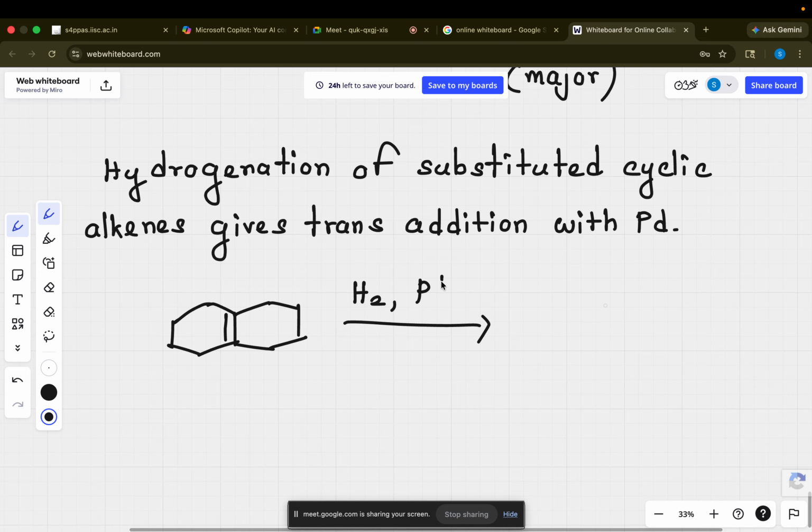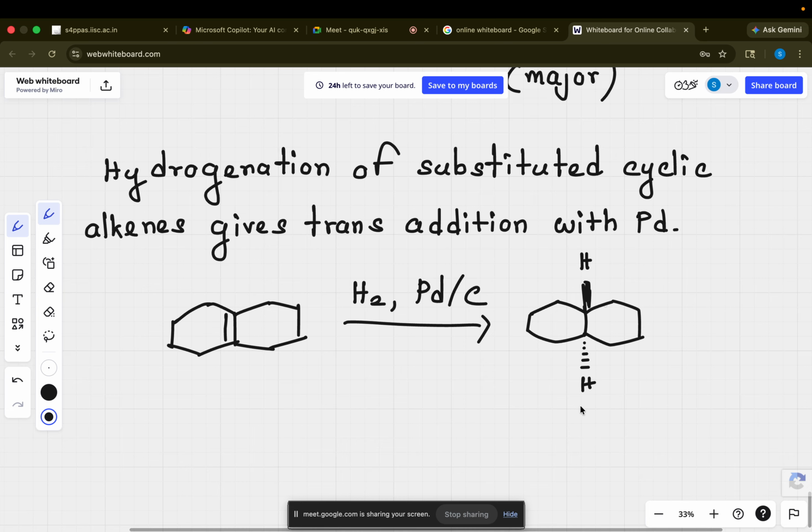So hydrogen, palladium, carbon: if you are using palladium and you have this kind of cyclic double bond system, you will get this. So this is one ring. Now the hydrogen addition will take place like this. One hydrogen will be above the plane and the other hydrogen will be below the plane. That is your trans addition, right?